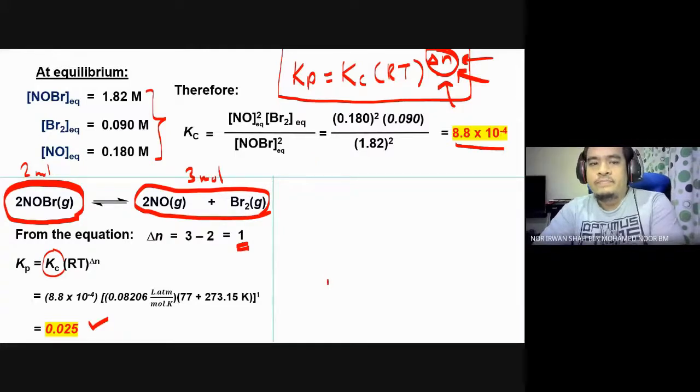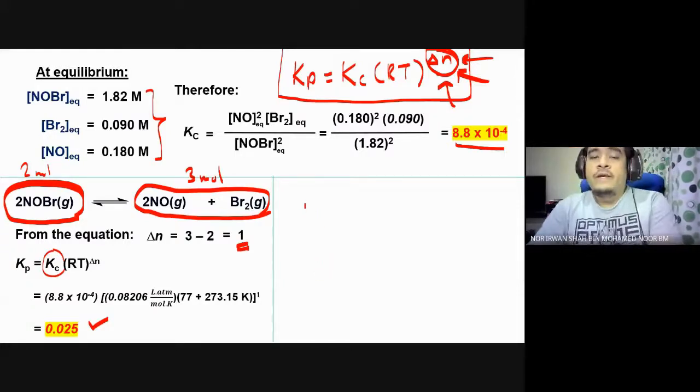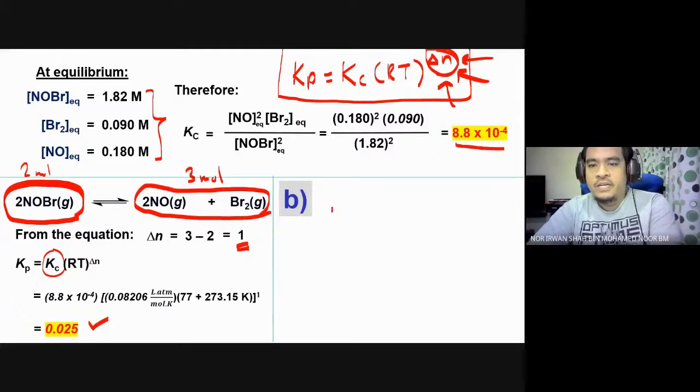All right, next. The next part of this question asks you to calculate the degree of dissociation of this nitrosyl bromide. Remember what is the formula to calculate the degree of dissociation?